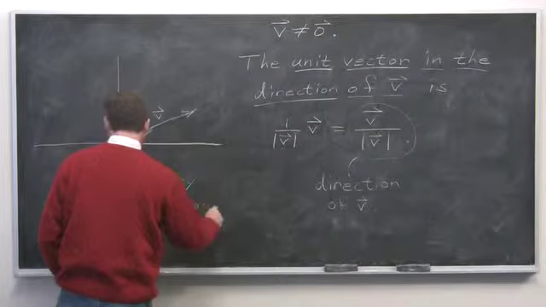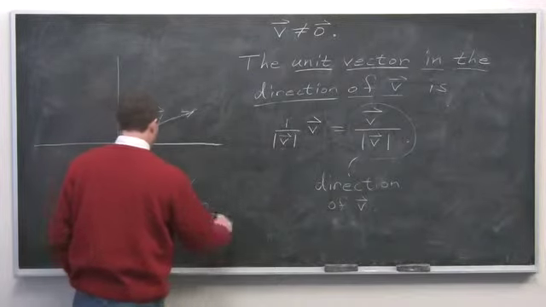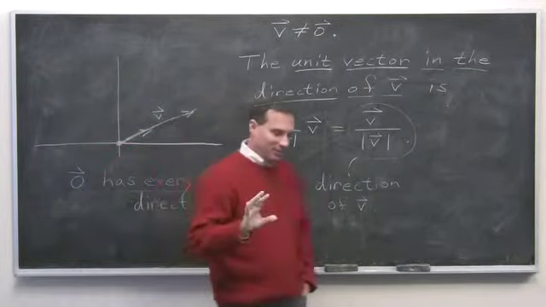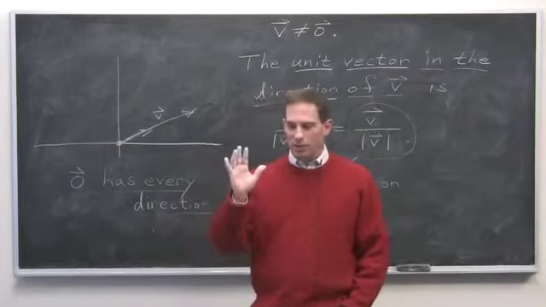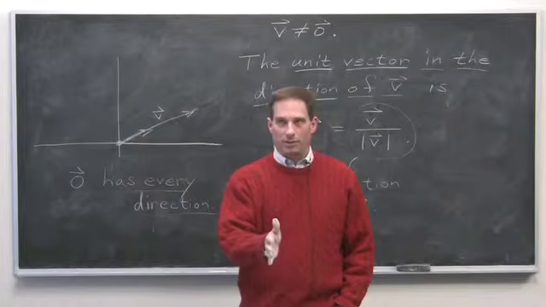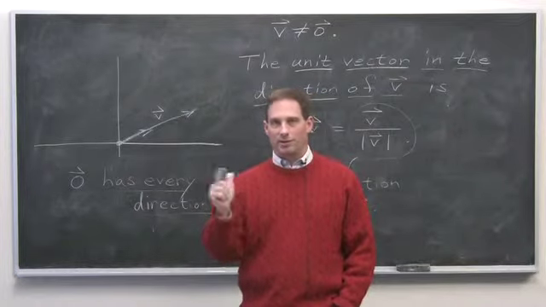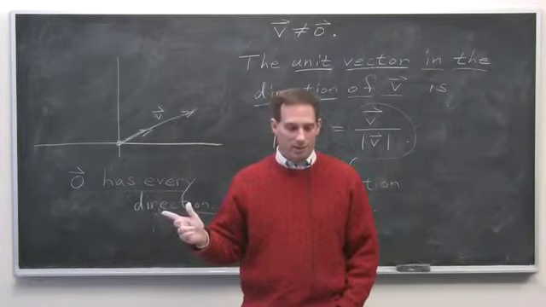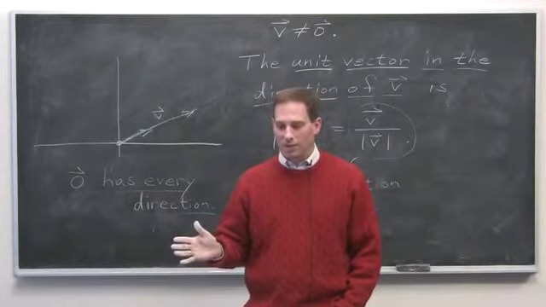This is convenient in a number of statements, and intuitively it sort of makes sense, because if I move 0 feet north, that's the same as moving 0 feet south, and it's the same as moving 0 feet west. It's the same as moving 0 feet in any direction.